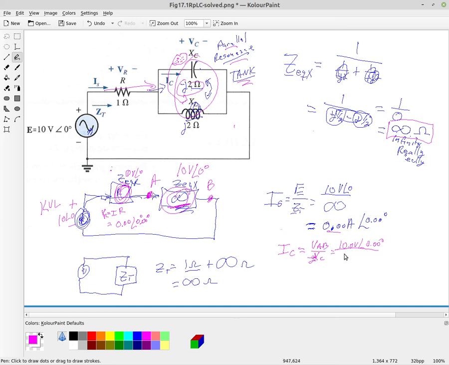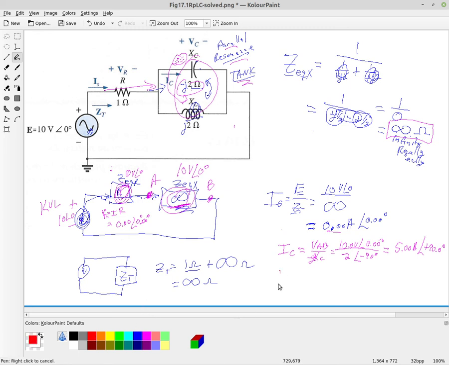So we have 10 volts there divided by 2 ohms at an angle of, it's a minus J, so it's an angle of minus 90 degrees. So we're going to have a current of 5 amperes, 5.00 amperes at an angle of plus 90 degrees inside of our capacitor.